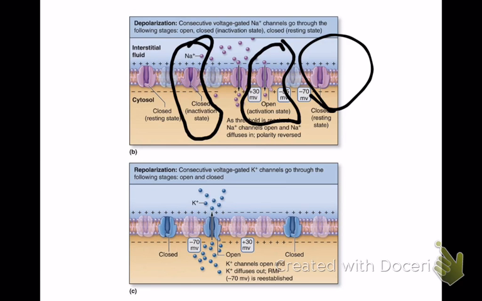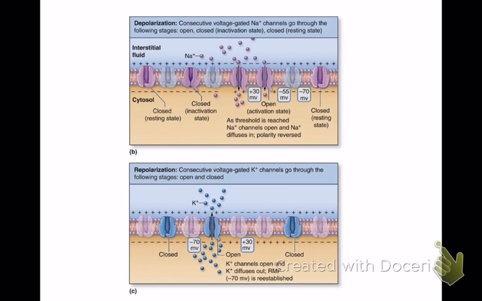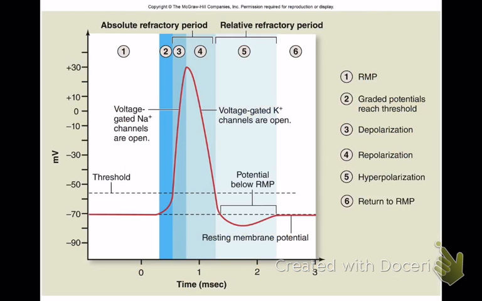Okay, so let's take a look at our graph again, and we'll correlate with our graph the states of the sodium gate. So here, when we're at rest, here and here, we're in the resting state. So can I stimulate my sodium gates to open if they're in the resting state? Yeah, that's when I can.